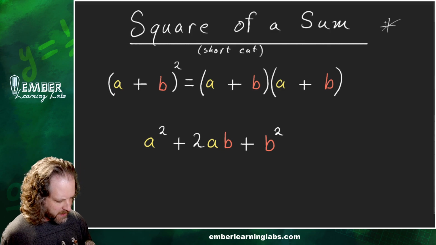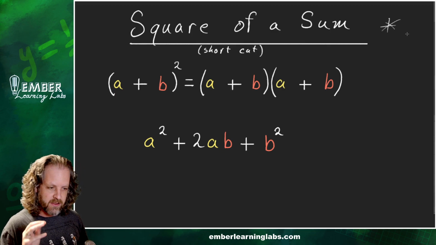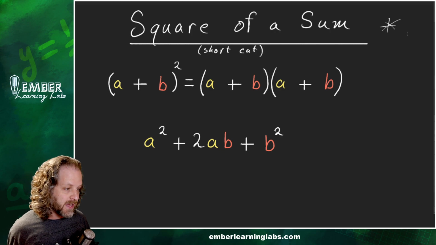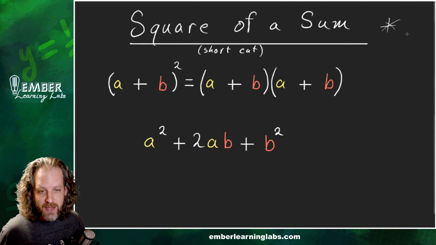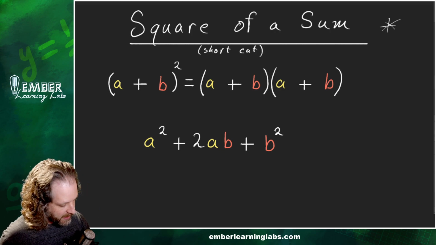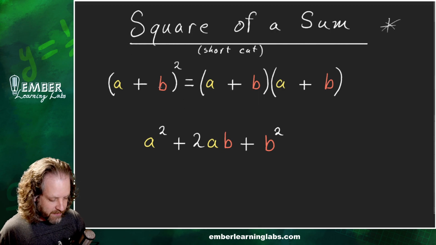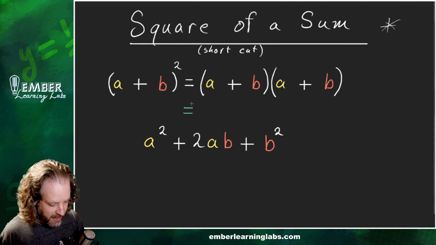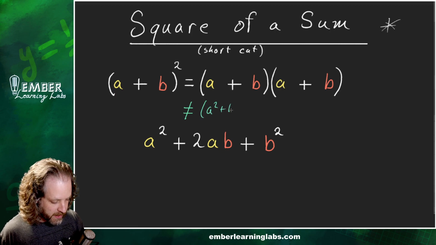These are kind of a big deal, and the reason they're a big deal is because they represent a really common mistake. I'm going to highlight that here. What if we have a plus b squared, that quantity squared? That does not equal a squared plus b squared.